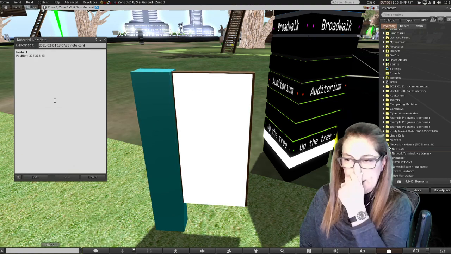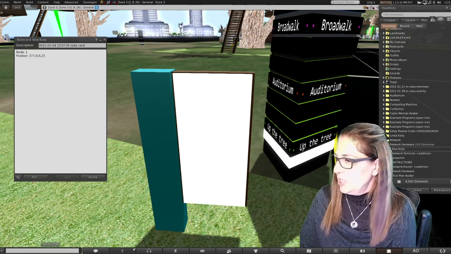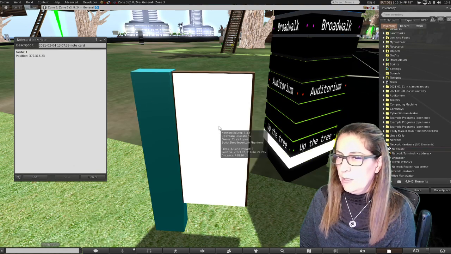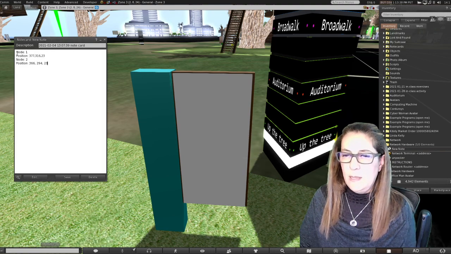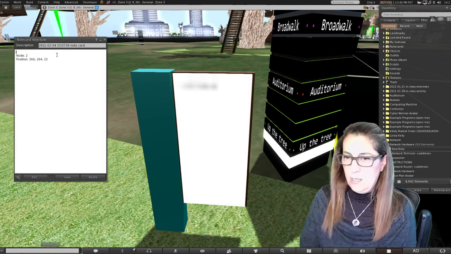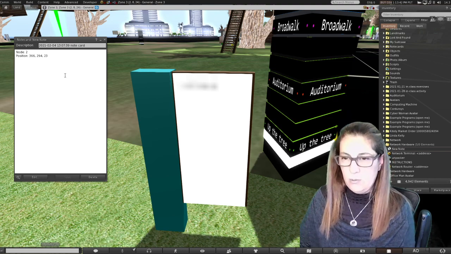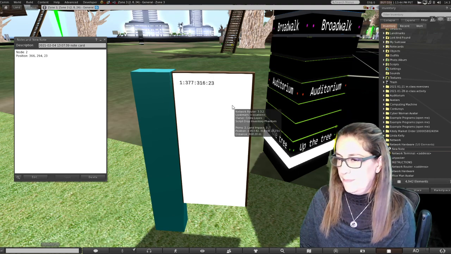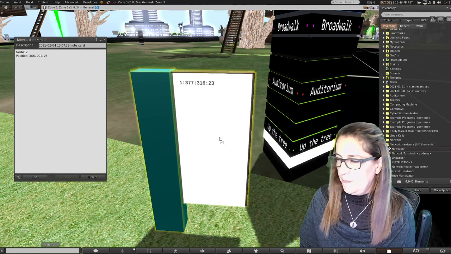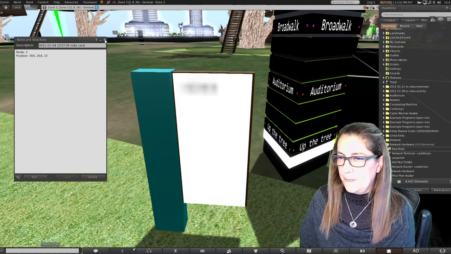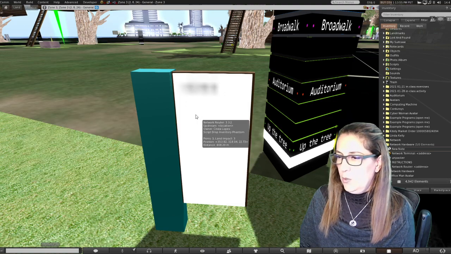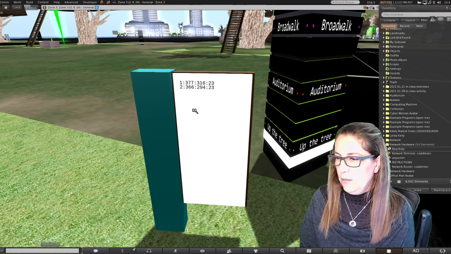All right, so the routing information is gone. I'm going to load the 1. And now I'm going to load the 2. All right, so hopefully everything will be fine now.